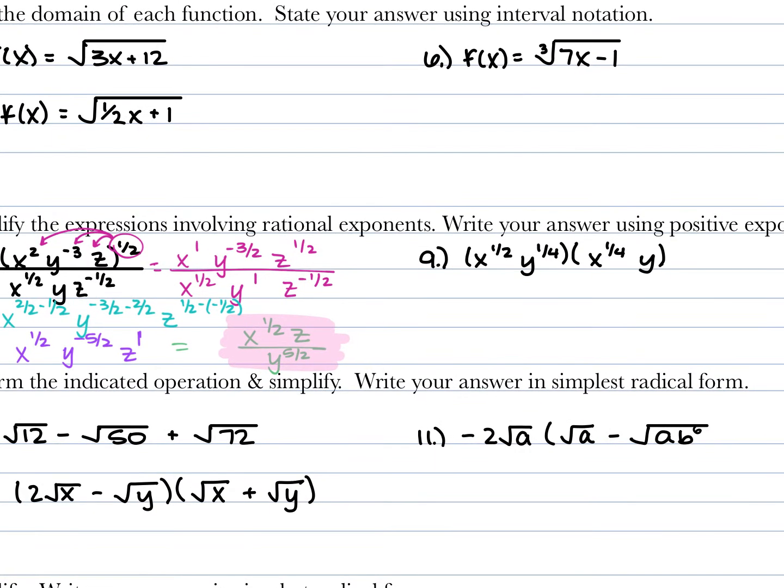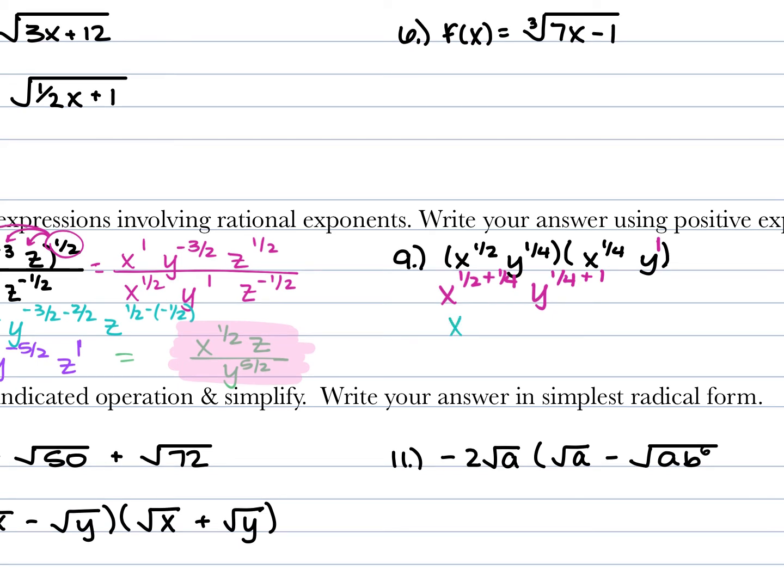For number 9, you have x to the 1/2 power, y to the 1/4 power, multiplied by x to the 1/4 power, y. Remember, the power on the y that's in the second set of parentheses is 1. And we're going to be adding powers if the base is the same since we're multiplying. So that's going to give us x to the power of 1/2 plus 1/4 times y to the 1/4 plus 1. Our least common denominator on the x to the power of 1/2 plus the 1/4 is 4.